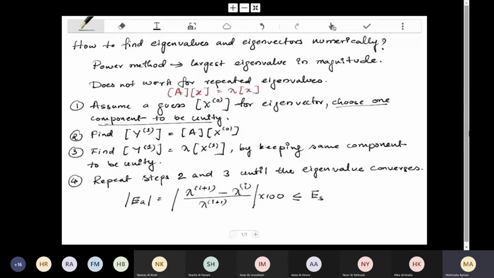This will get clearer when we solve an example.